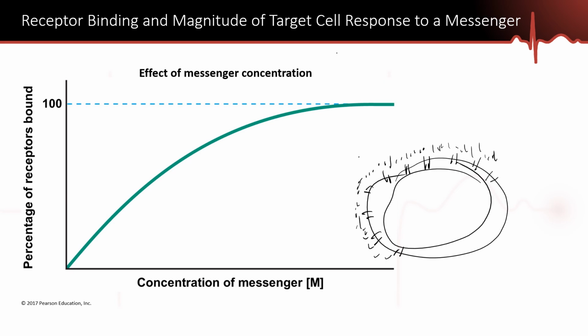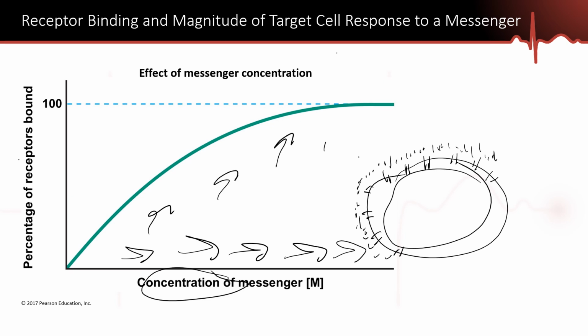And that's what this graph is showing you here. The more that you increase the concentration, the more receptors will be bound to the neurotransmitter on the target cell, and thus the greater effect that chemical messenger, in this case neurotransmitter, will have.